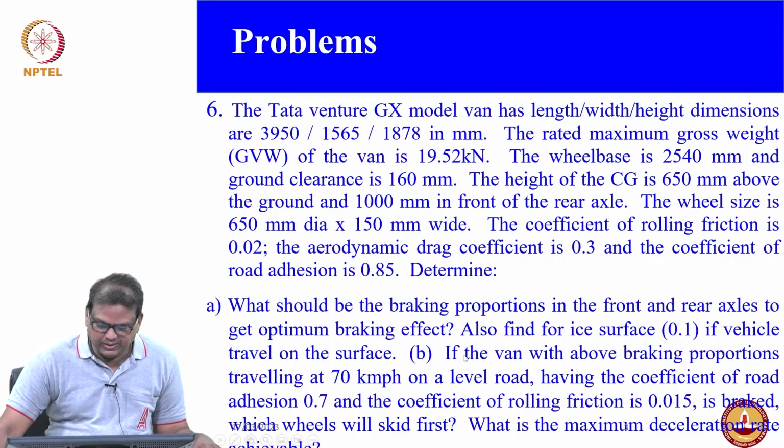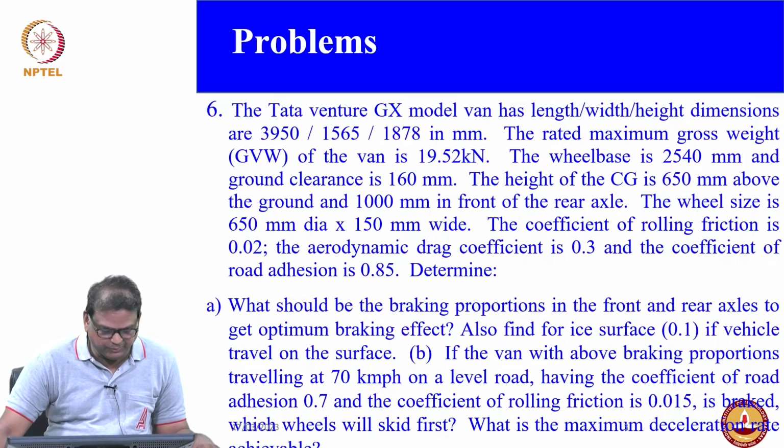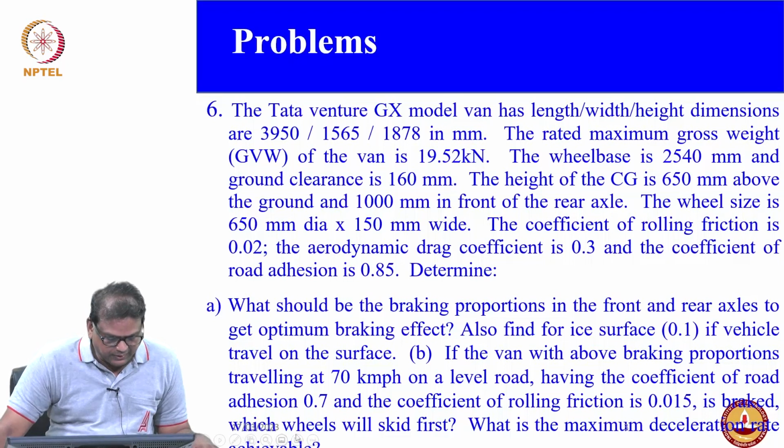B: If the van, with the above braking proportion, traveling at 70 km per hour on a level road having the coefficient of road adhesion 0.7 and the coefficient of rolling friction 0.015, is braked, in that case which wheel will skid first? What is the maximum deceleration rate achievable?